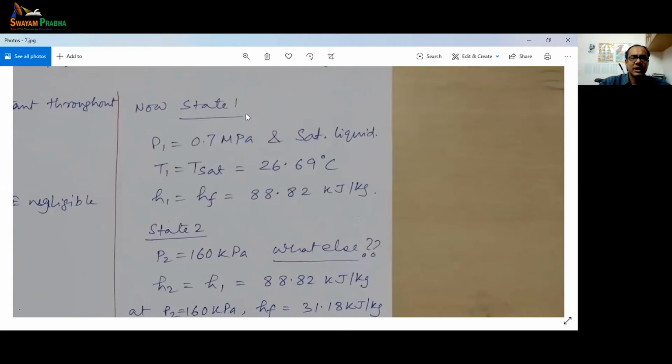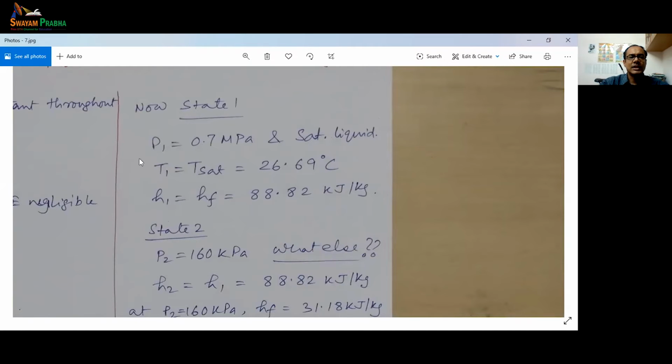First one is state 1. State 1 has pressure given to be 700 kPa or 0.7 MPa, and it is saturated liquid. So at this particular pressure we have to look up the values corresponding to saturated liquid.